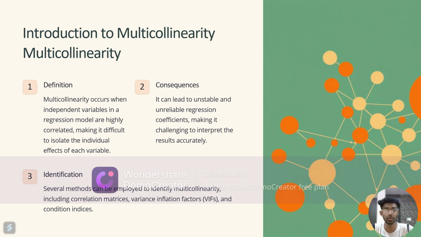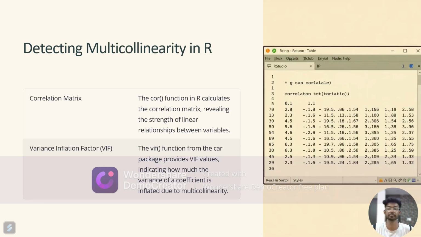It can lead to unstable and unreliable regression coefficients, making it challenging to interpret the results accurately. Third, identification. Several methods can be employed to identify multicollinearity, including correlation matrices, variance inflation factors, VIFs, and condition indices.